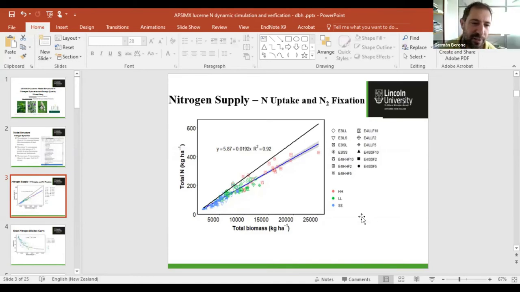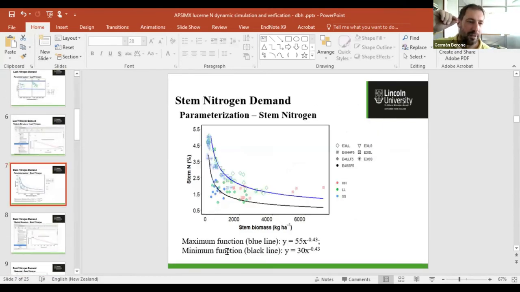But the figure showing stem nitrogen concentration shows that for similar biomass of stem, the blue points have lower nitrogen concentration. So something happened there.